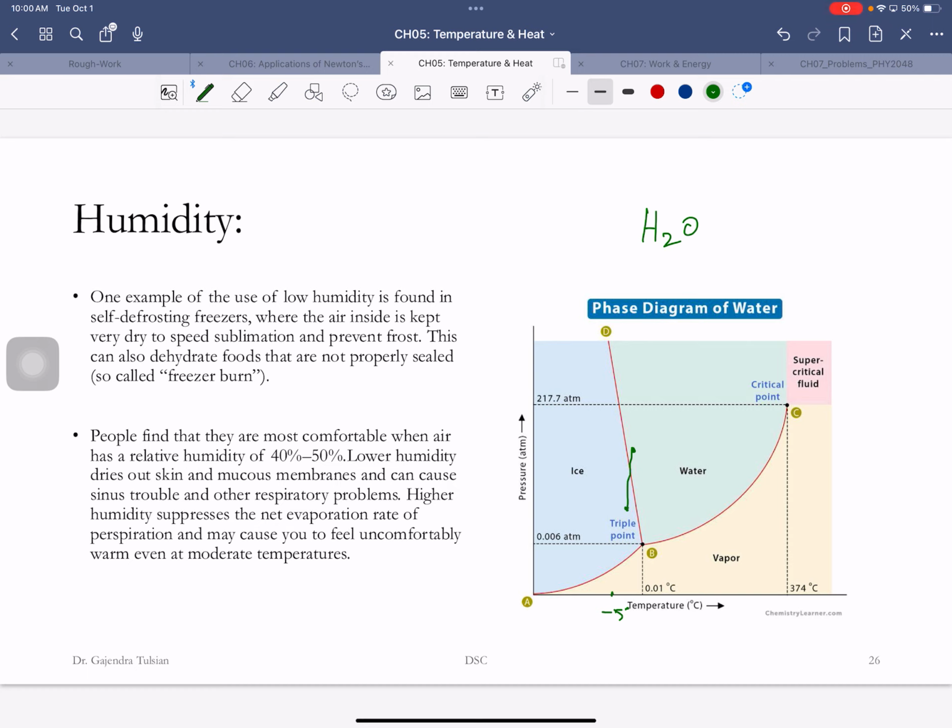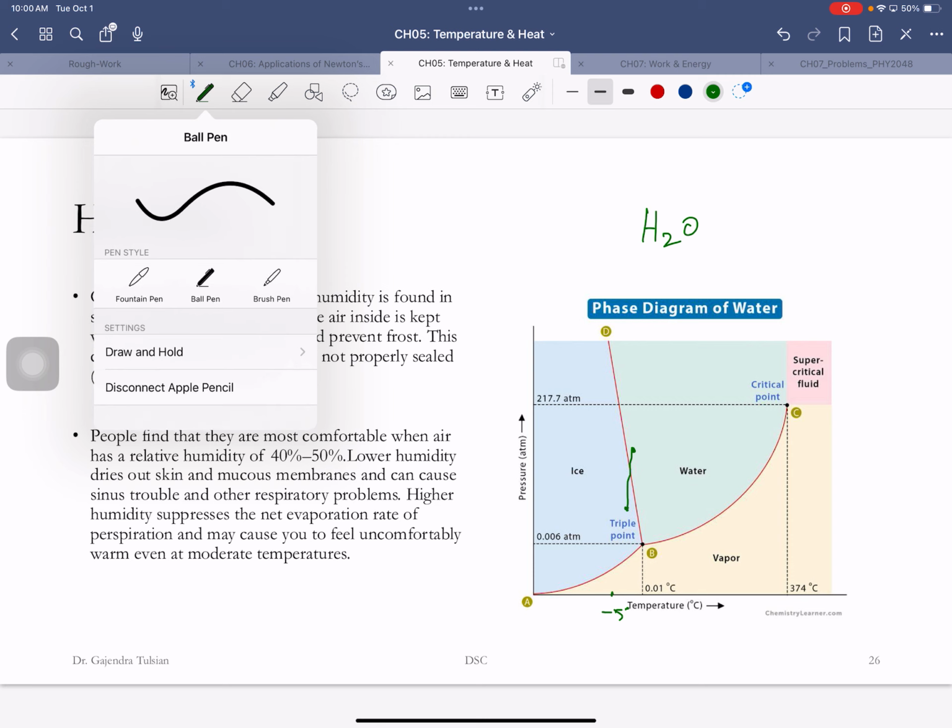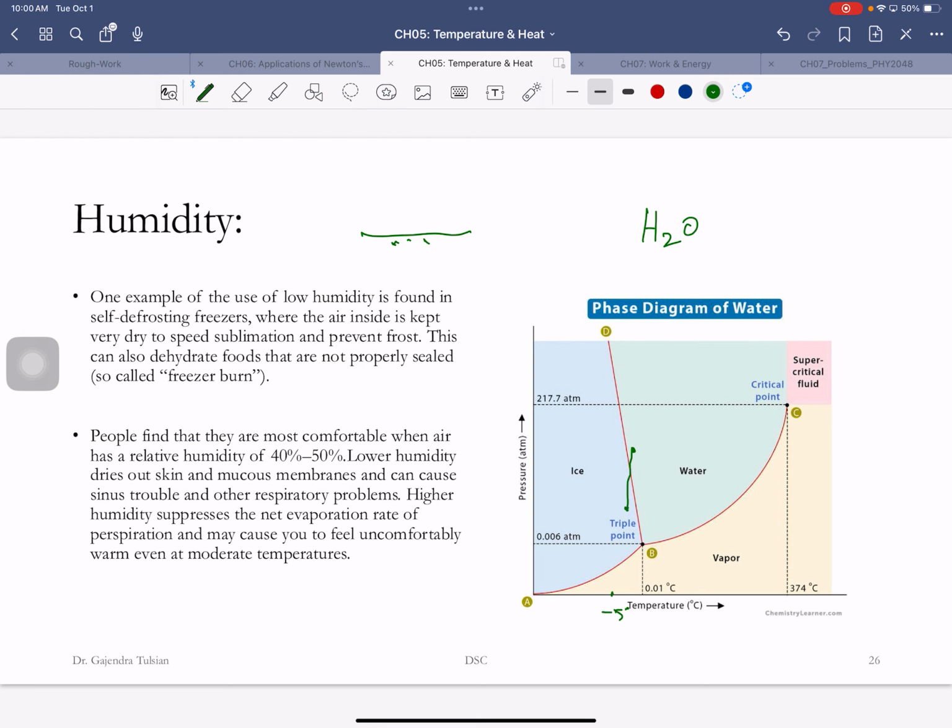You got on the skis, you increased the pressure on this ice, and the ice has become water. It's melted, and now the friction is reduced. That melted water is like oil now, and now you can ski.